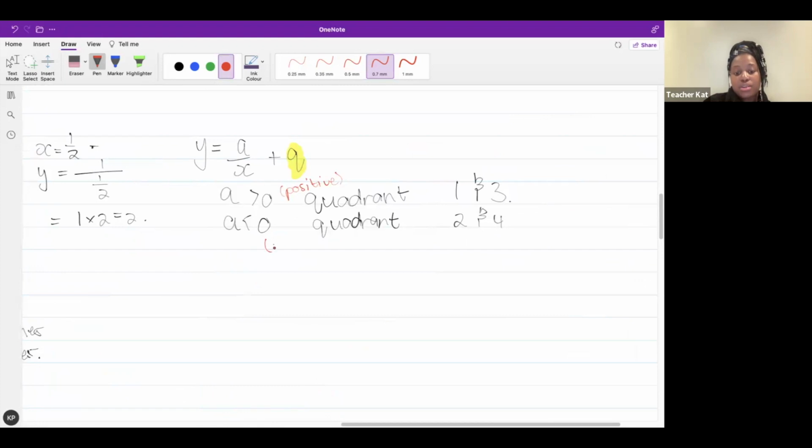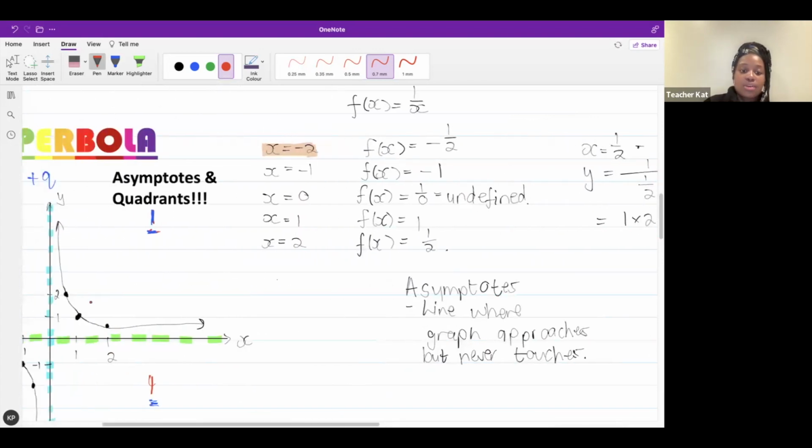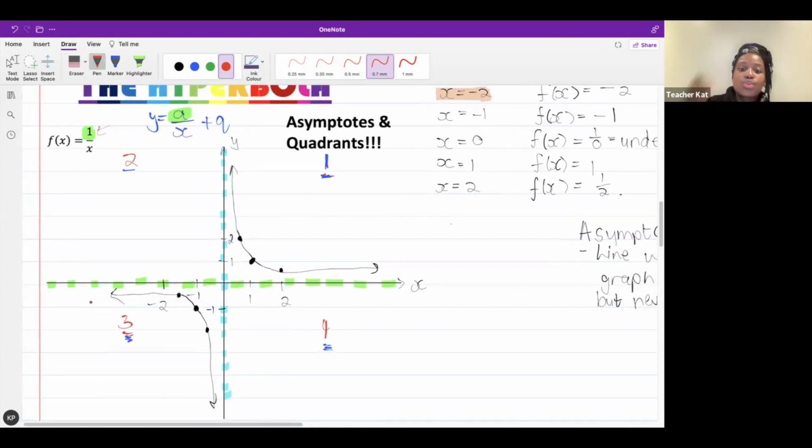If a is greater than 0, then the 2 lines of the graph, do you see this graph is made from 2 separate lines? They look like exponential graphs, but there's 2 of them. So if a is greater than 0, your graphs will be in the first quadrant, which ours is, and the third quadrant.